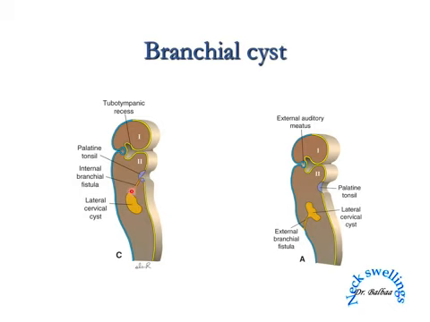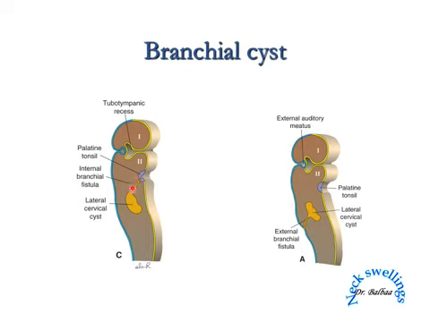Whenever this will enlarge later on in life, a cyst will appear here. I want to pay your attention to something: I have some of the structures that will develop from the second arch, like the external carotid artery, and some of the structures that will develop from the third arch, like the internal carotid artery.